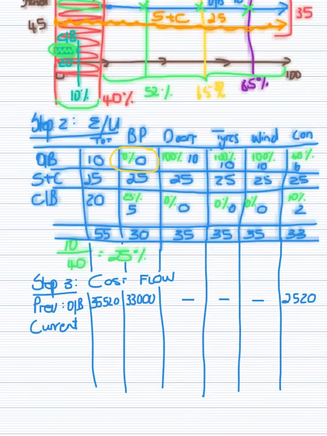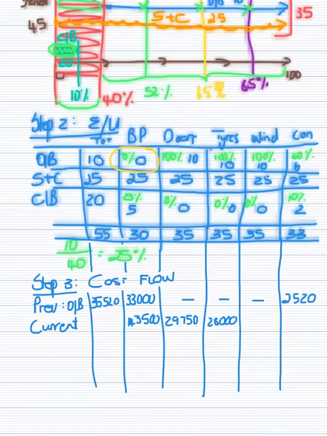When we look at the current cost, the question tells me that for body parts it's 143,500. For doors it's 29,750. For tires it's 28,000.